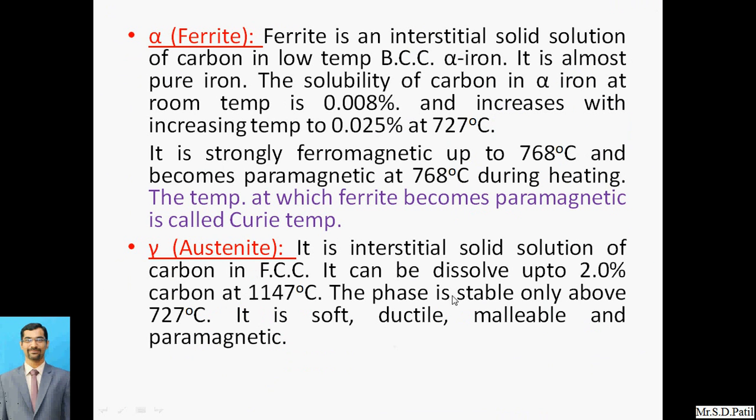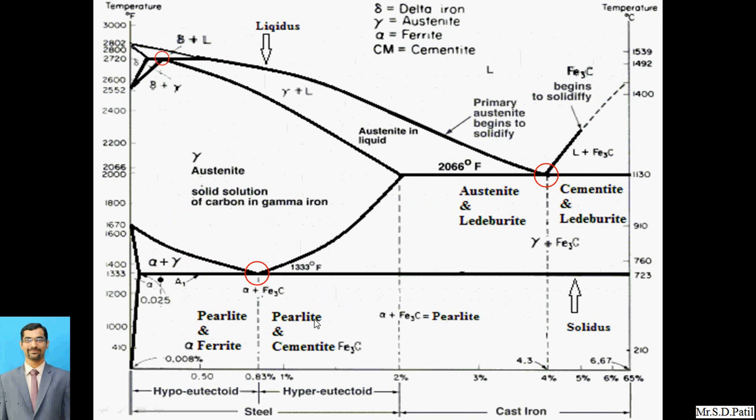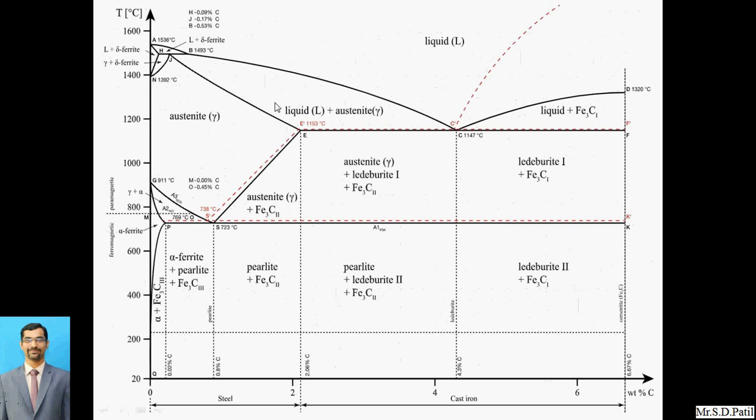It can dissolve up to 2% of carbon. Here we can see that in the austenite phase the maximum is 2.06% carbon, meaning approximately 2% of carbon can dissolve in it.